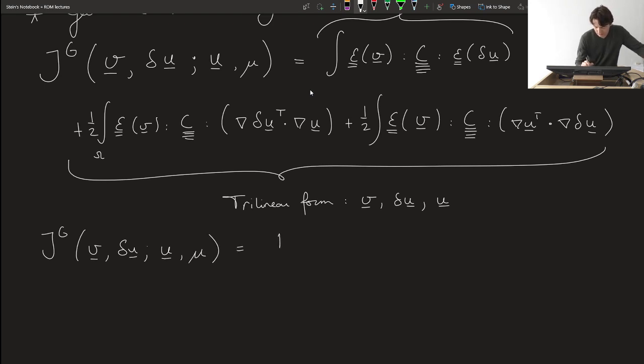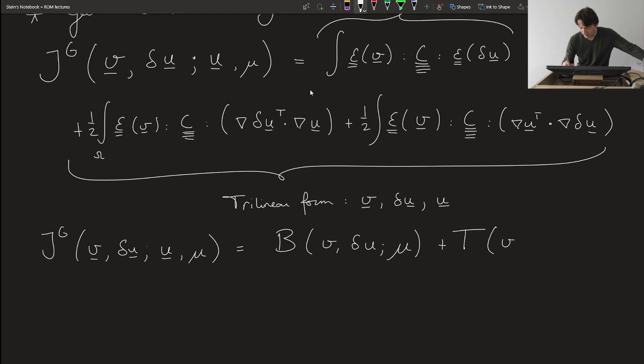We can write this as the sum of some sort of bilinear part, which is dependent on v and del u and the material, plus a trilinear part that takes v, our increment del u, and also linearly u, still evaluated at some material point.